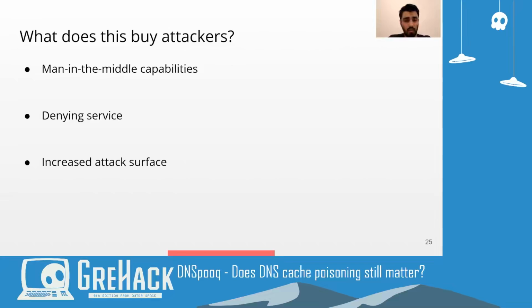The second straightforward thing is that it is possible to deny service to the user by redirecting the user to some bogus IP address that doesn't contain the service. And the third thing that we will touch upon is that DNS cache poisoning essentially relies on response forgery, which increases the attack surface on the device running vulnerable DNS software.